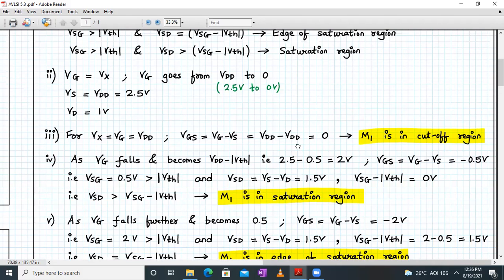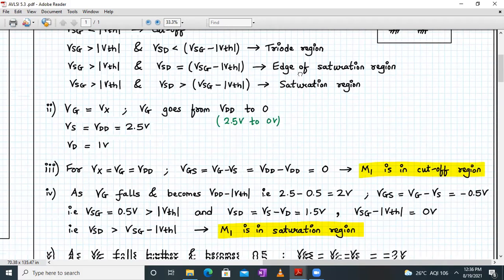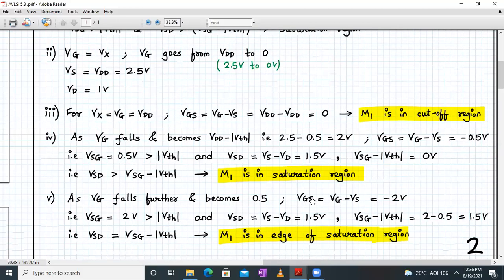For the MOSFET to enter into triode region, VSD will have to become very, very small as compared to VSG minus VTH. But in this case, VSD is always 1.5, so no point in reducing the VG further. Always VSD will be greater than VSG minus mod of VTP.